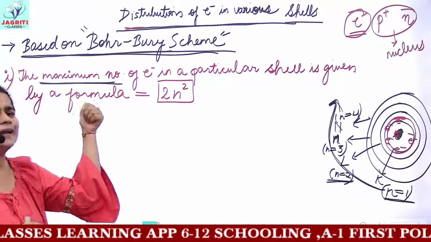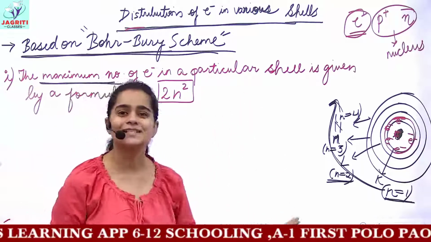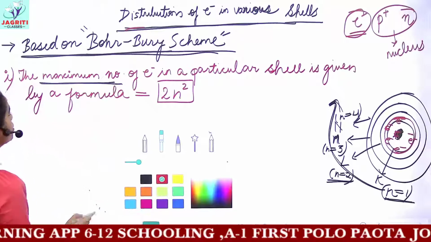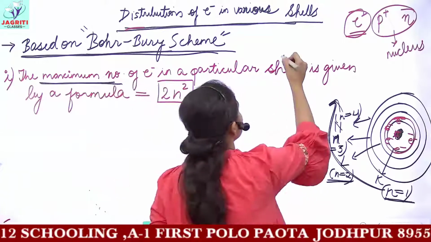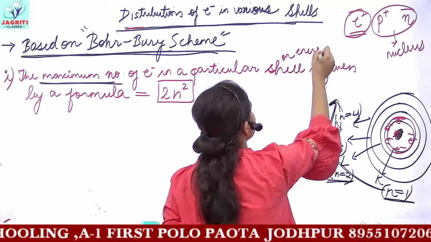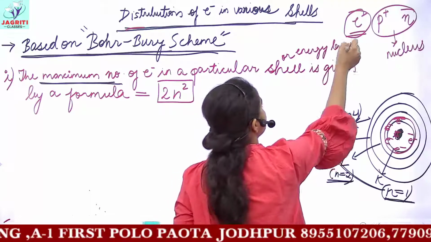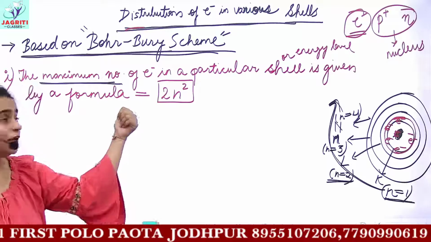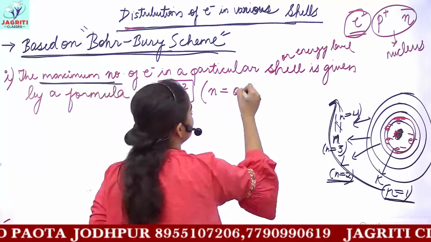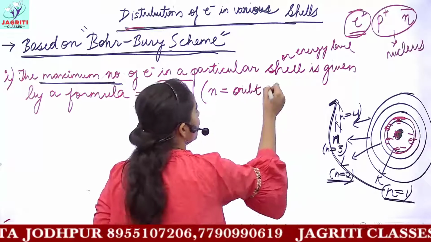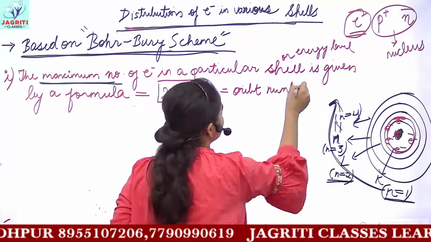You will get to know its importance when we discuss all the remaining rules. So the maximum number of electrons in a particular shell, or energy level, is given by the formula 2n². And here n equals the orbital number, or you can simply say orbit number.